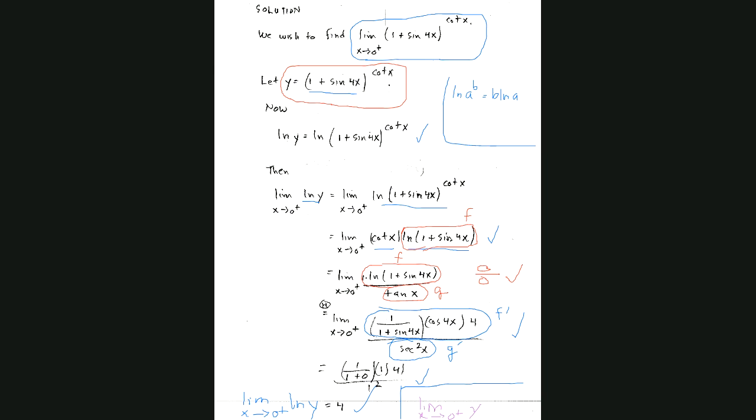To get this limit, we're going to exponentiate our limit, because e to the log of y equals y. And you will find it will equal e to the fourth. But let me go to the next page and show you. So remember, this is what we want to find. Are we good so far? Are there any questions?